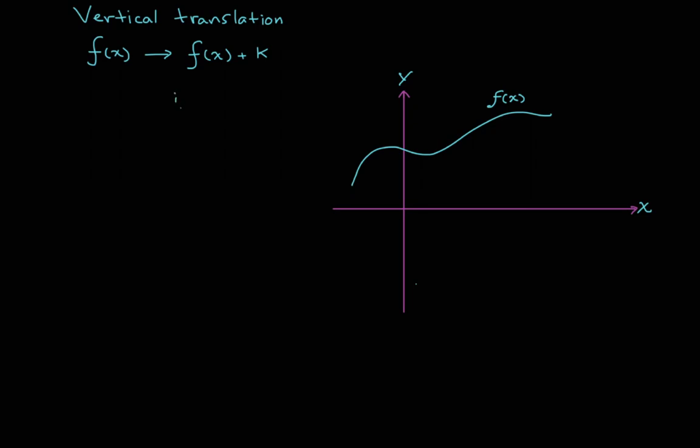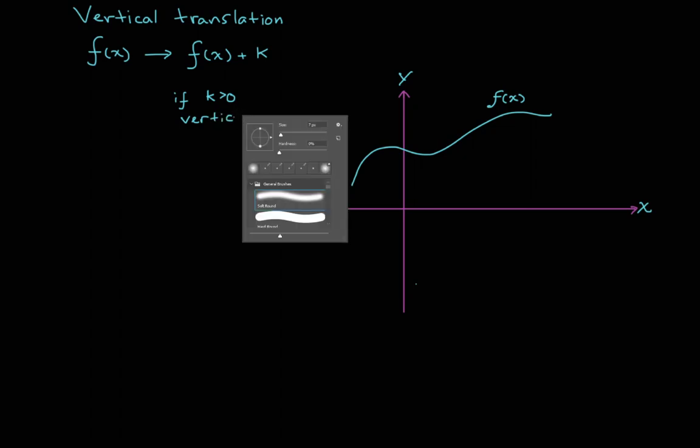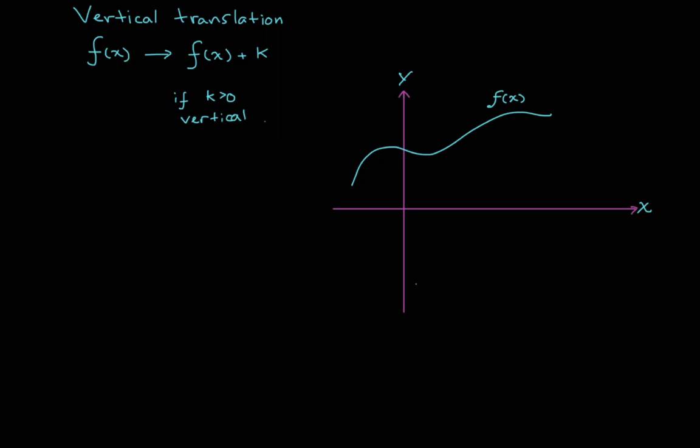So if k is greater than 0, what's going to happen? Well, this is going to translate up, right? This is a vertical translation upward.